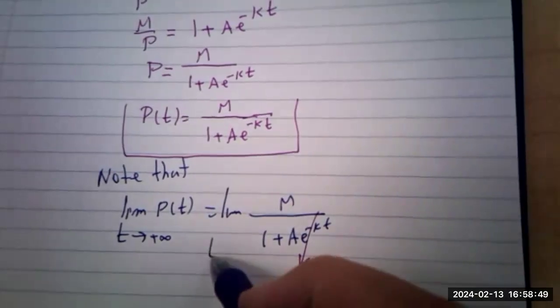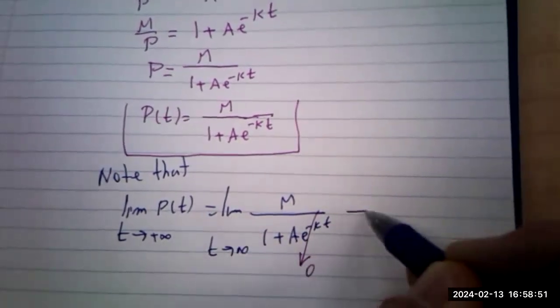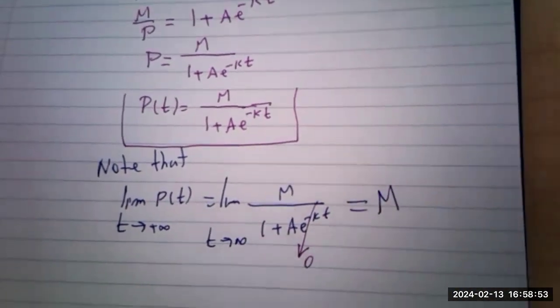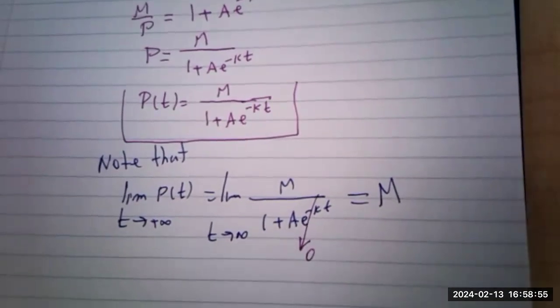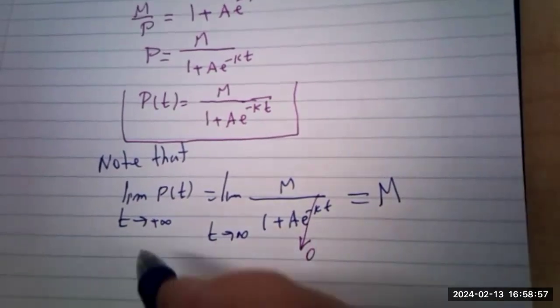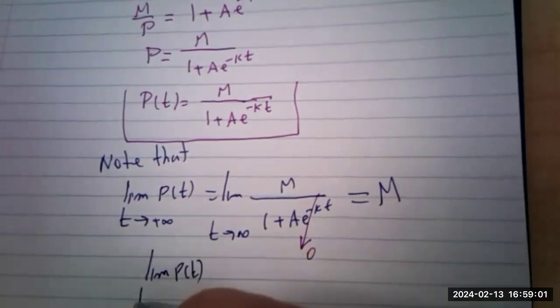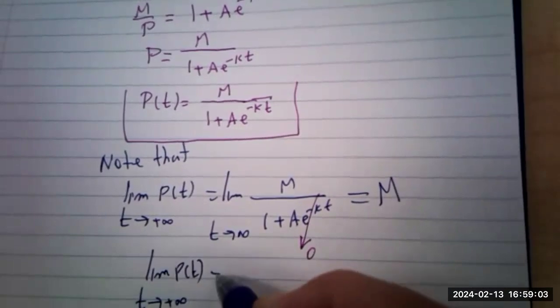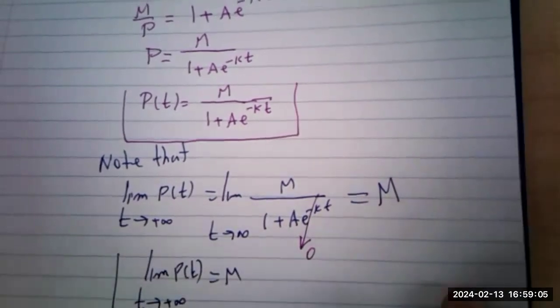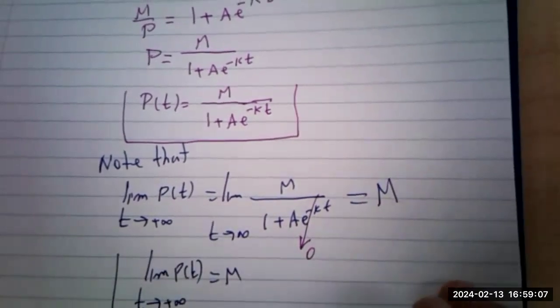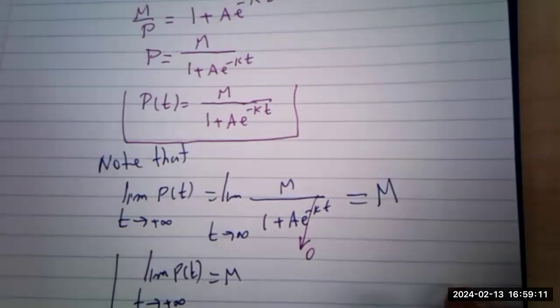And t goes to infinity. So the result would be M, as we predicted. Because the maximum population is M. So P of t, t goes to infinity, is equal to M, and this means you have a nice model to work with.